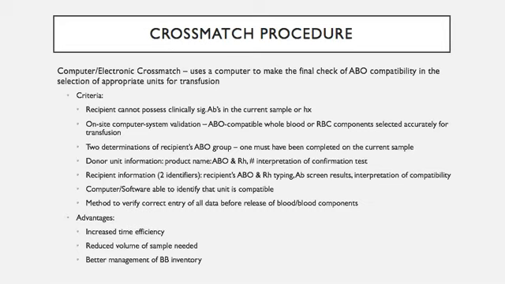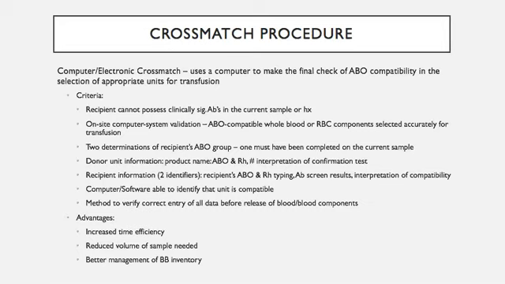In this case, there's computer software that's able to identify a donor unit that's compatible. It takes the information that you've given the system, you've performed the ABO-RH, you've entered that into the system, and then the system selects a compatible unit of blood based on the results of that ABO-RH, the negative antibody screen, and the inventory that the computer knows is available.